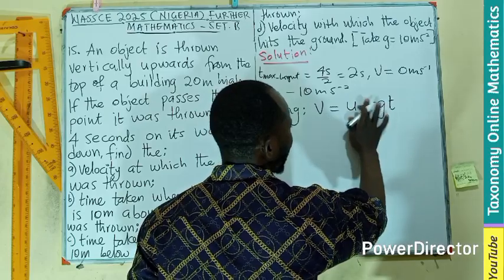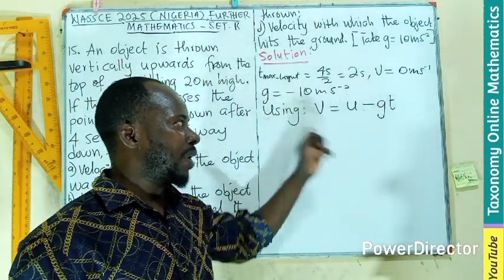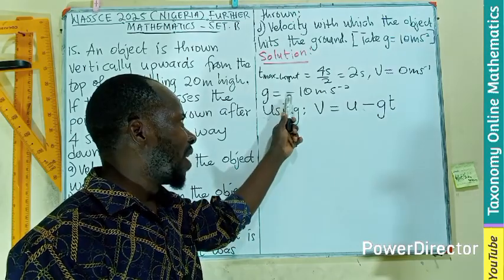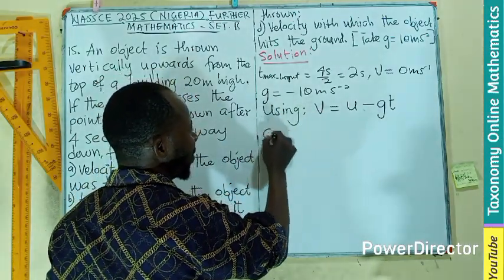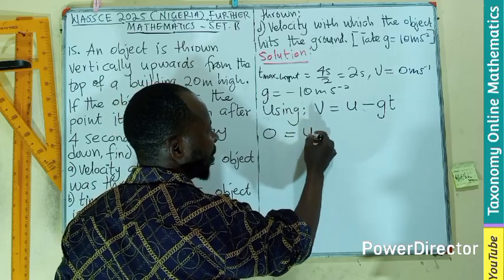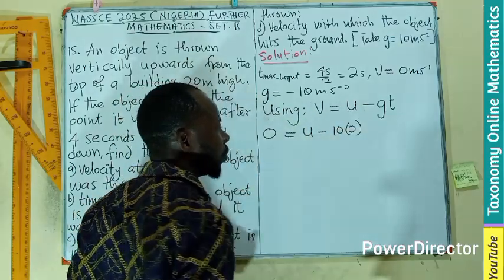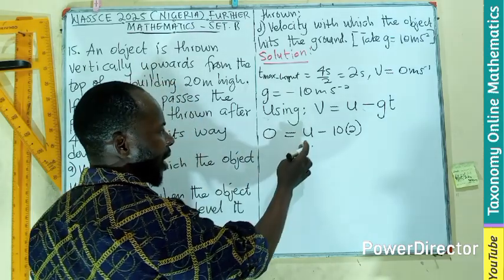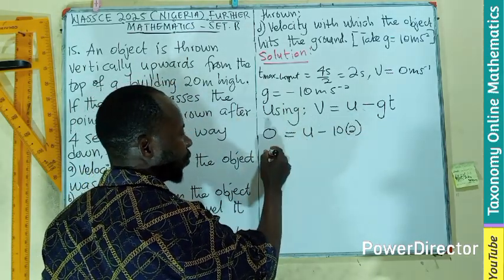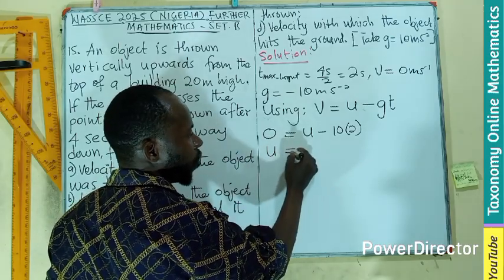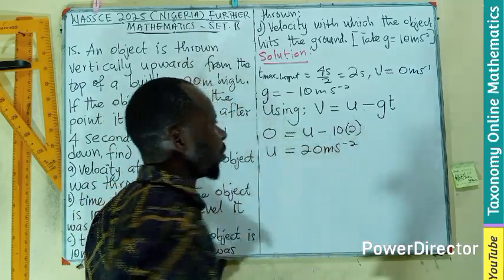Remember, when you write the value of 10, you don't write negative 10 again. So I should have final velocity 0 equals initial velocity minus 10 times time, which is 2. Remember, if you transpose this value as negative, it comes over, so U will be equal to 20 meters per second.